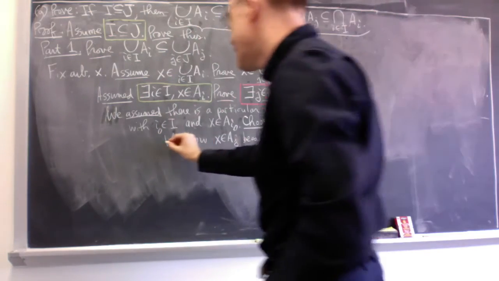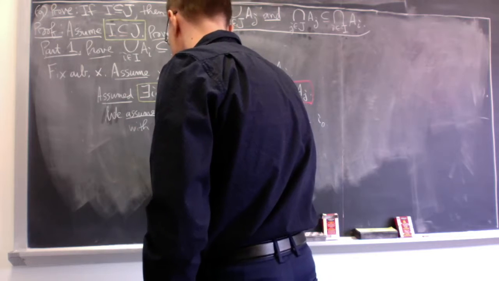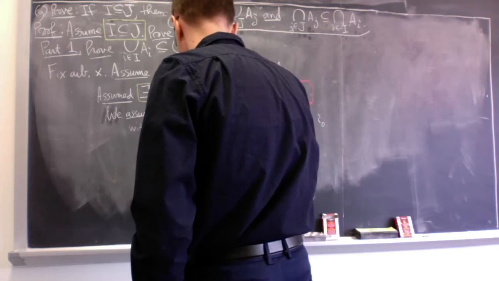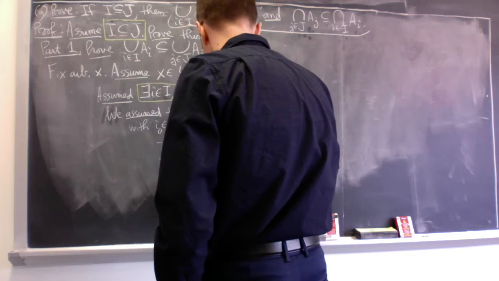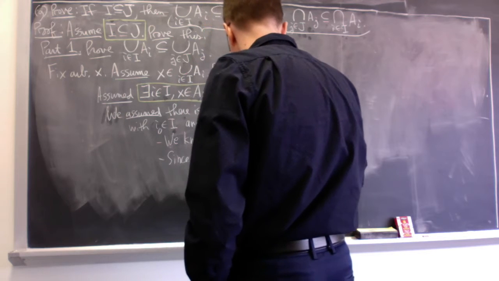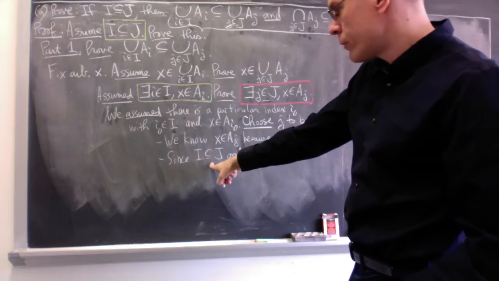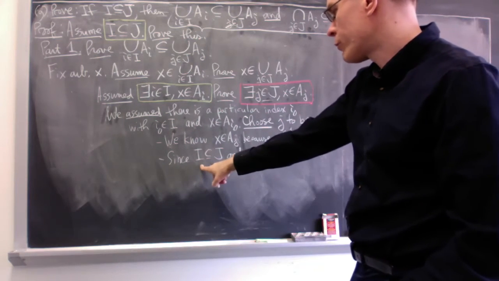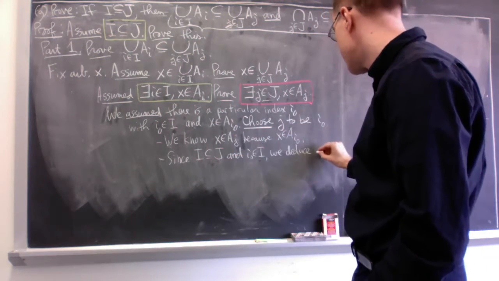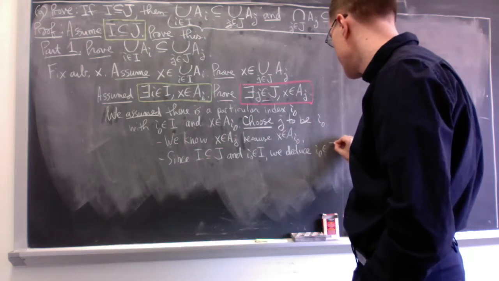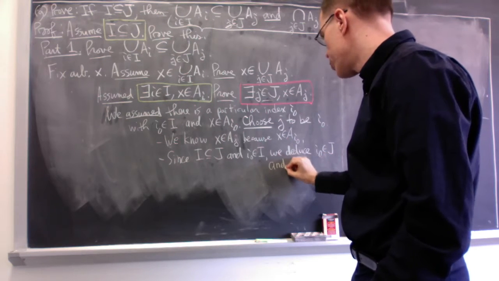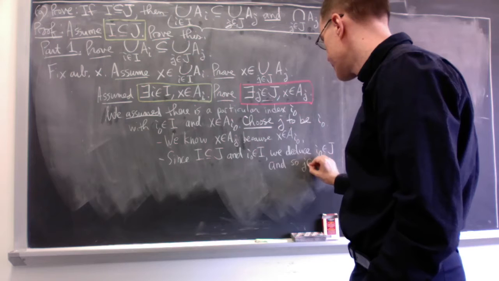Okay, so that's key. Since capital I is contained in capital J, and I naught is in I, well, by this known subset fact, if you have something in the small set, it's also in the big set. So I naught is in J, and that's what we chose little j to be.